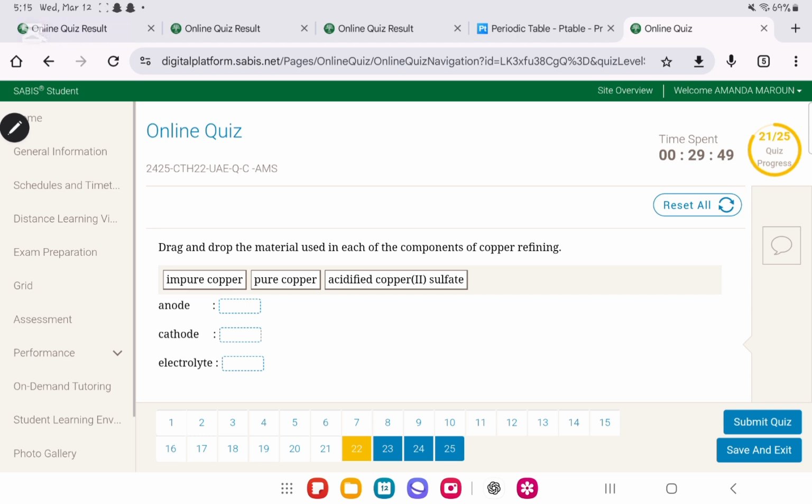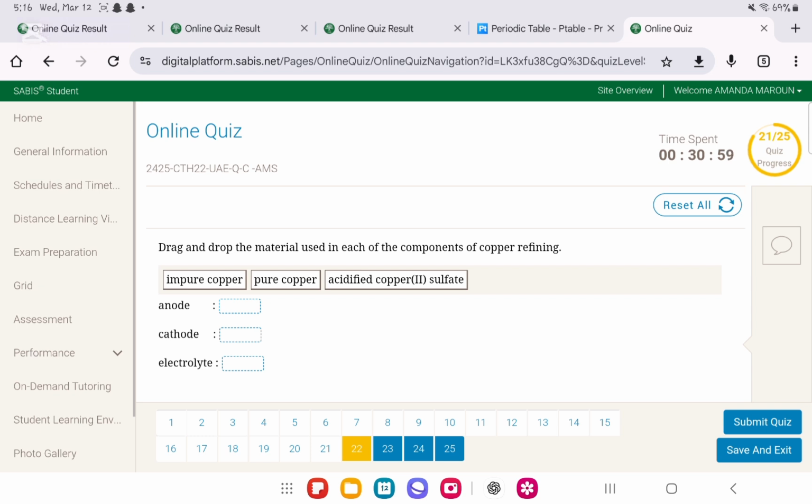In question number 22, drag and drop the material used in each of the components for copper refining. In other terms, we are electroplating the copper, or coating the copper. The thing that we are going to plate the metal with, we will place in the anode.